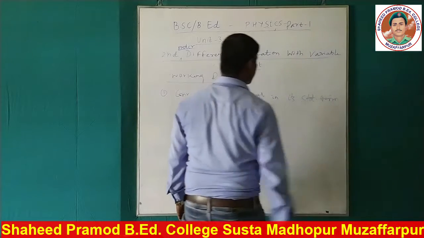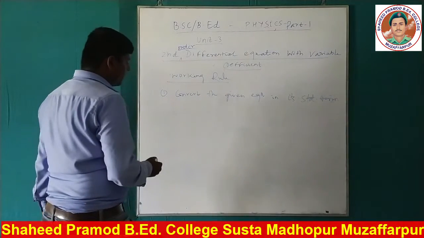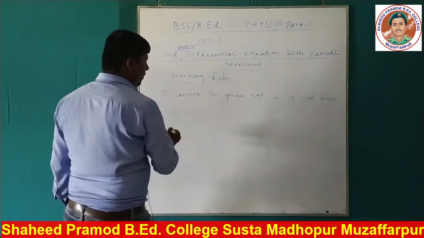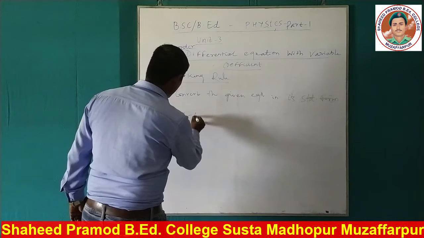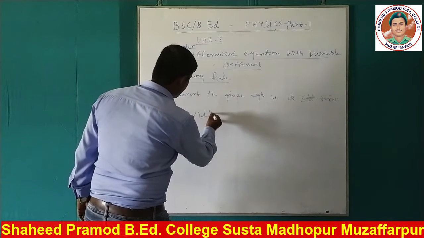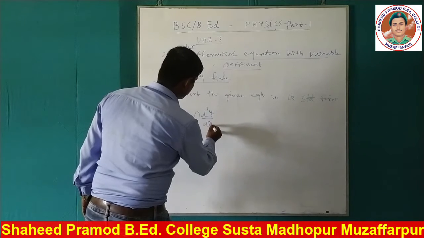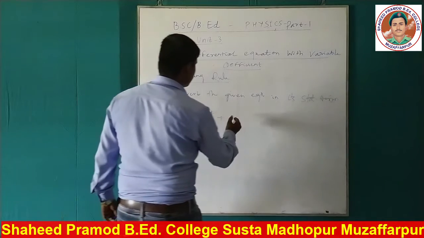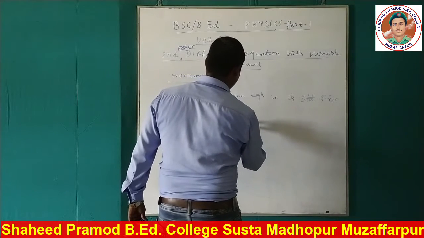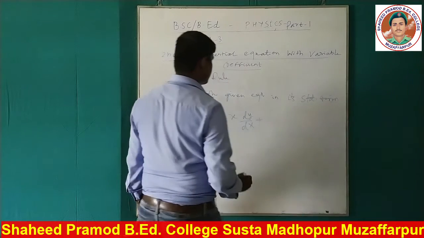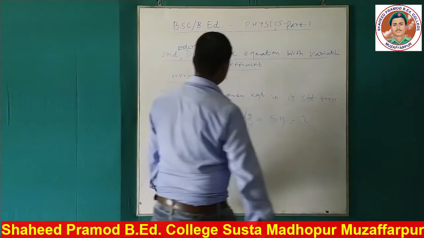So how will you convert? Let us see an example. x minus 1 d2y upon dx square plus x into dy upon dx plus 5y is equal to 3.